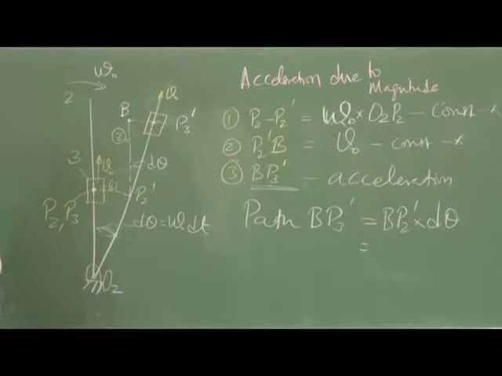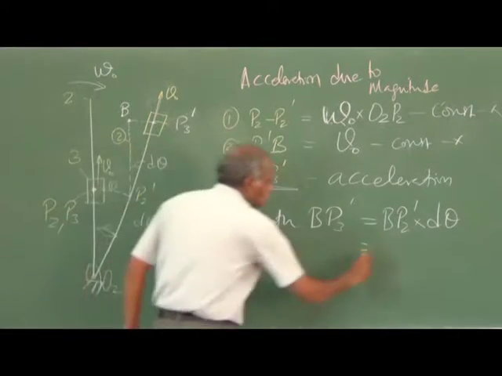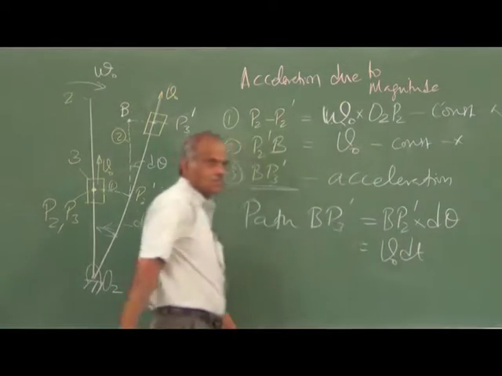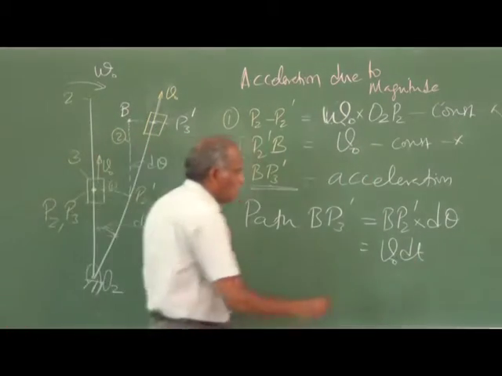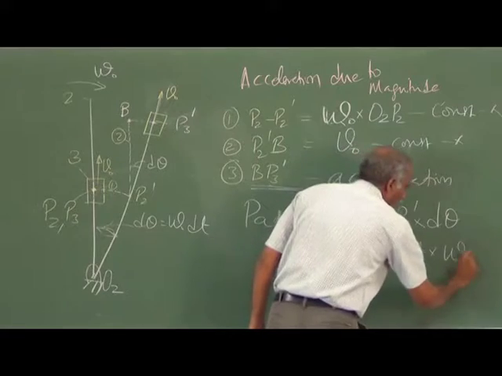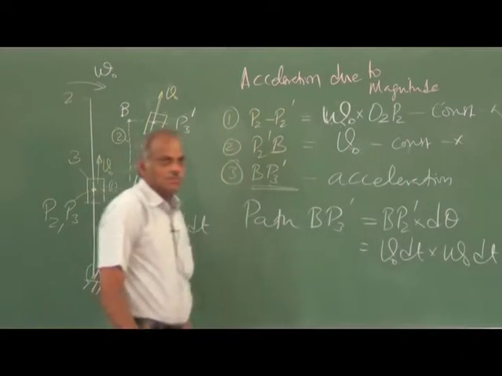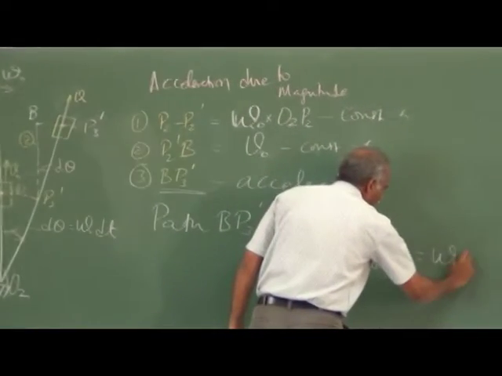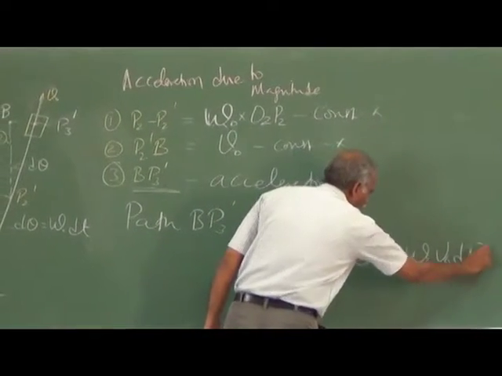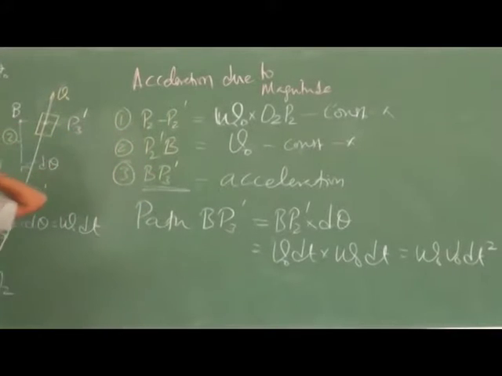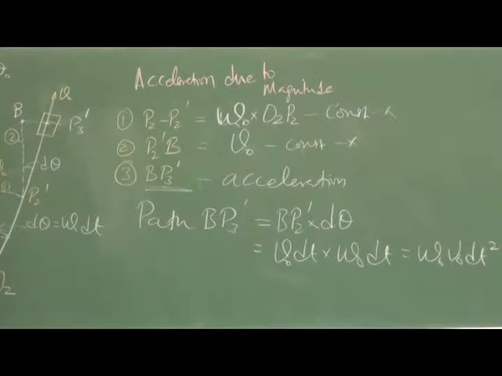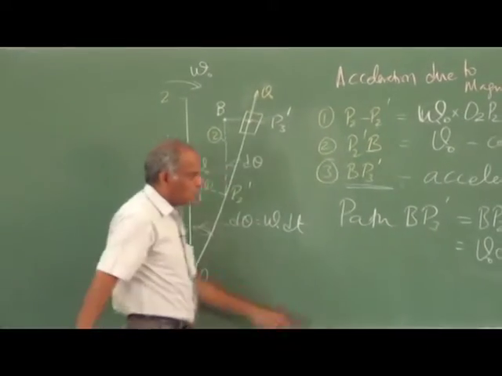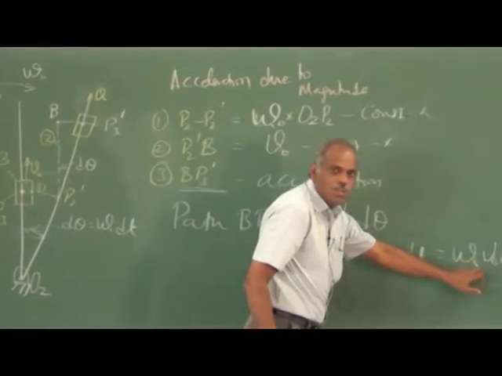So BP2 dash is given by the velocity V0 into dt. D theta is given by omega 0 into dt. Therefore, this is given by omega 0 V0 dt square. That is that path. The distance BP3 dash is given by omega 0 V0 dt square.